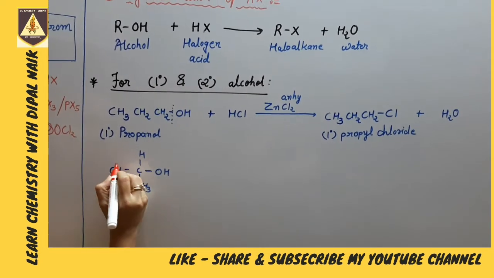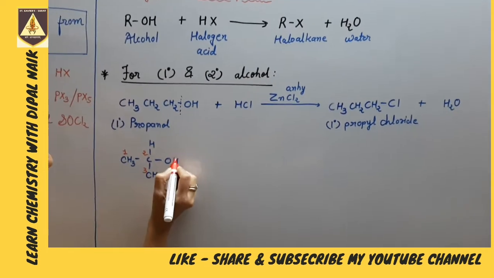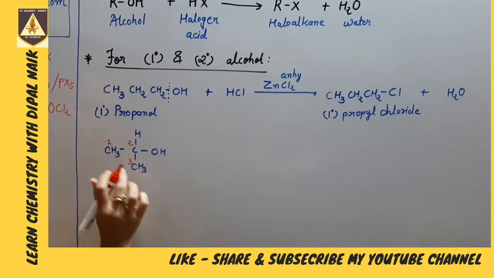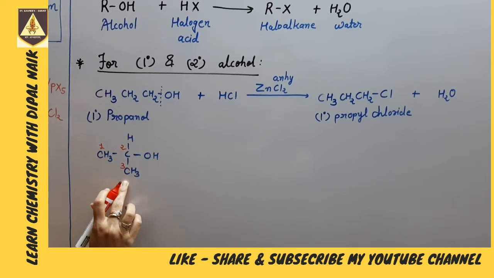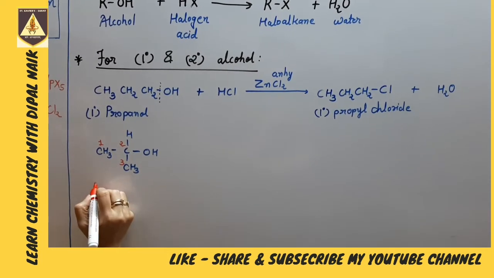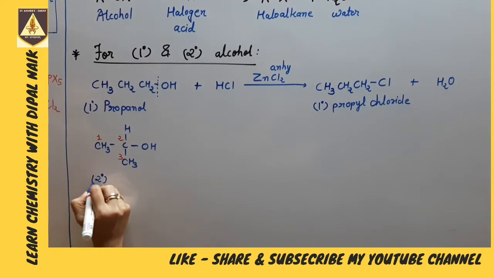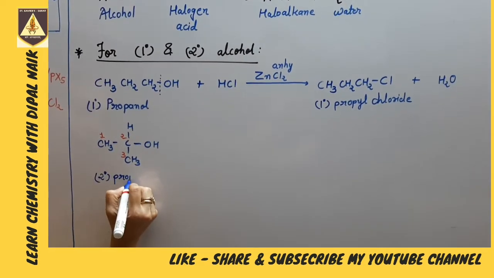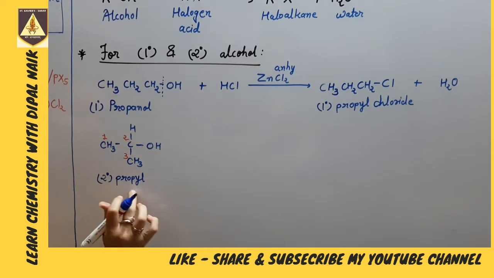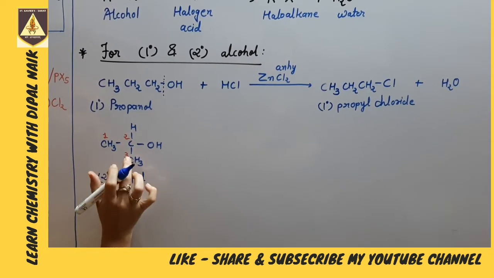Here you can see that the OH-containing carbon is attached to another 2 carbons. So it is a secondary carbon, and this one is labeled as secondary propyl. Why propyl? Because there are 3 carbons here.